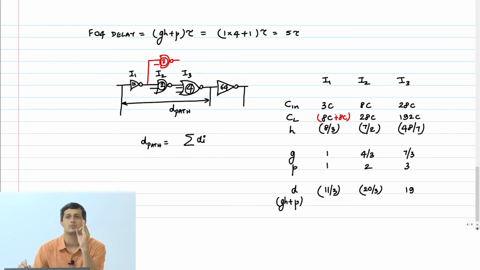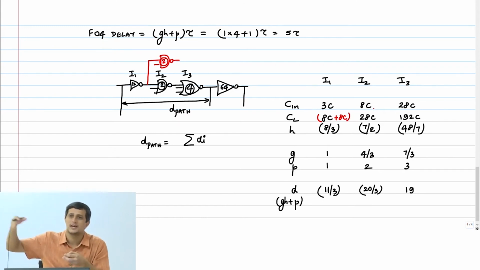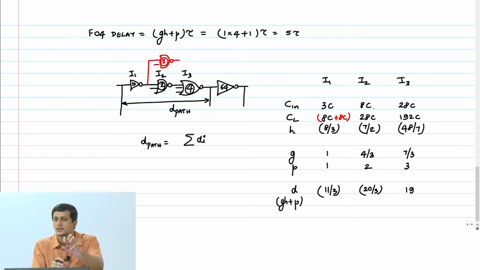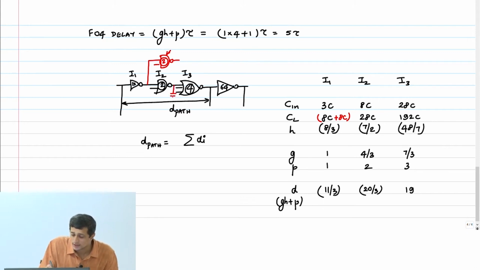That's the only thing you should be careful about, because remember that this C in, we are actually trying to capture the effect of the output resistance. That K that we got, we wrote it as C out by C unit. Now this gate is not contributing to charging this capacitance. That is just loading the previous stage, that's all.